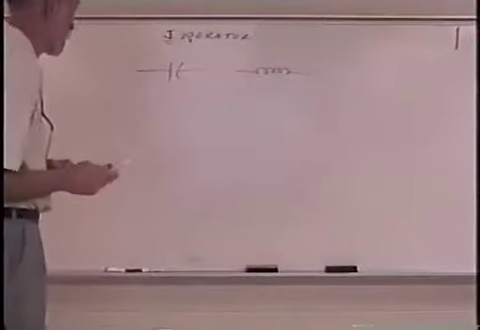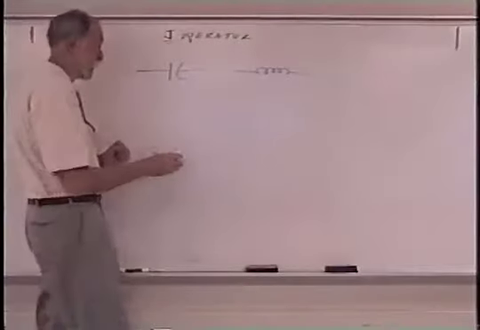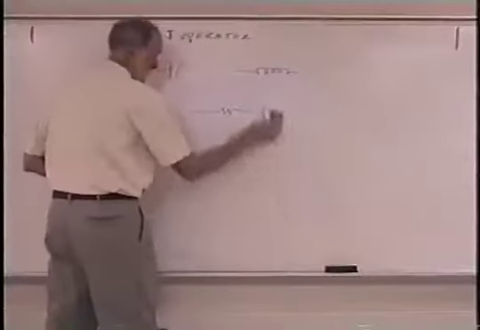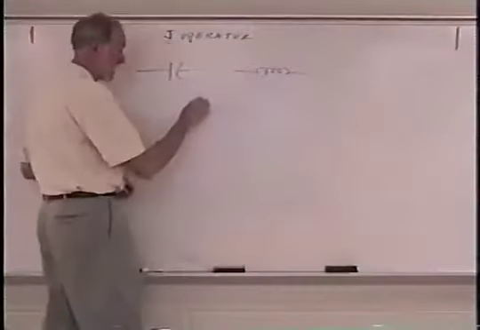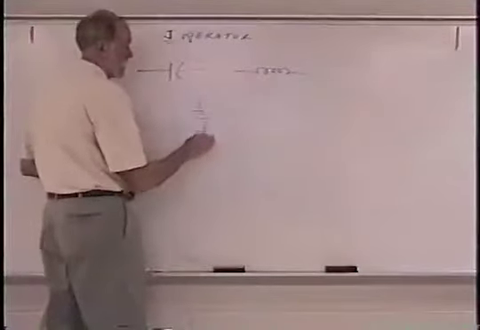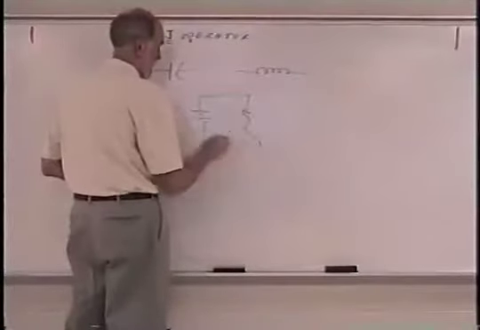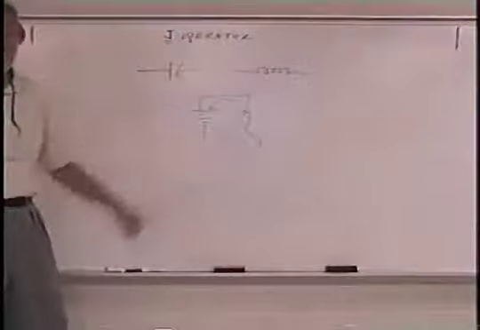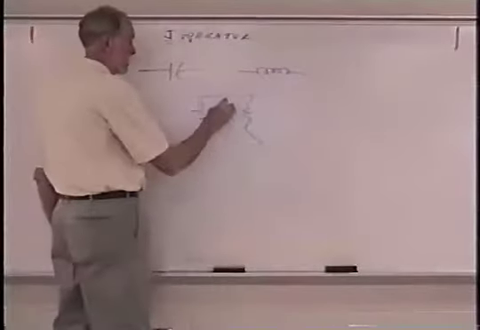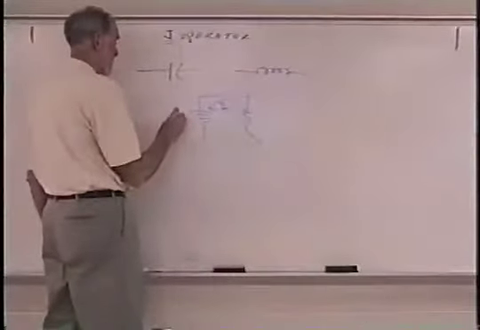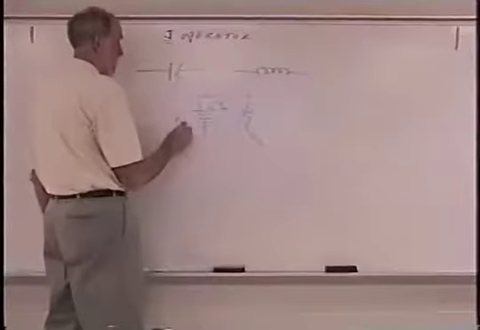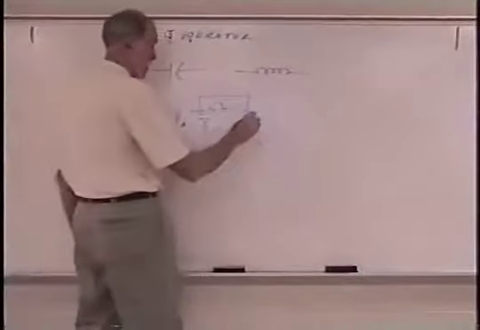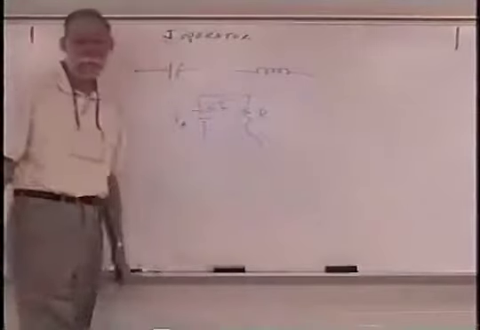However, right now what we're going to say is that when we had a DC source and a resistor, we had a certain amount of current flow, and the amount of current flowing in the circuit was directly proportional to the voltage applied and inversely proportional to the opposition to current.